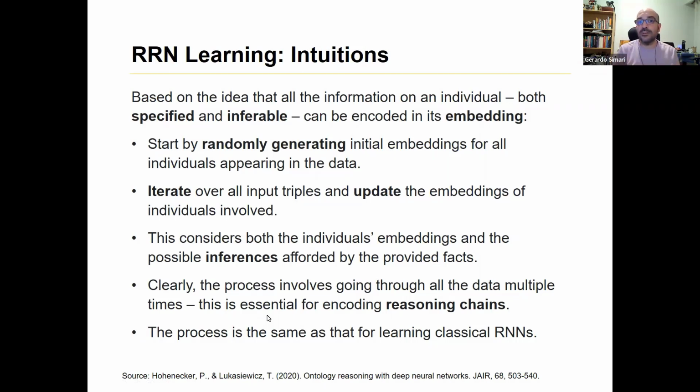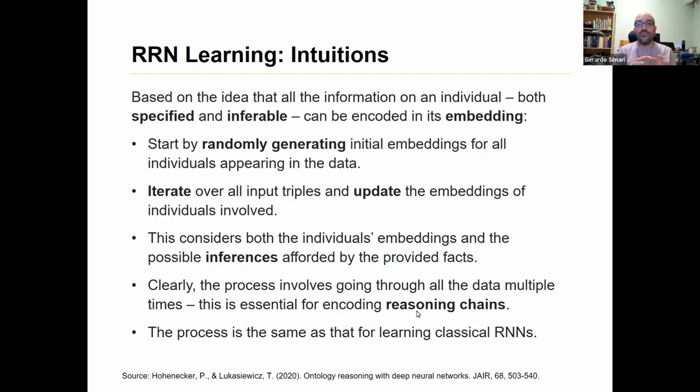This will come up in the empirical evaluation explicitly, because we'll see what happens when we allow for fewer layers in the model and try to learn anyway. So the process itself, like I mentioned before, is the same as that for learning classical RNNs.